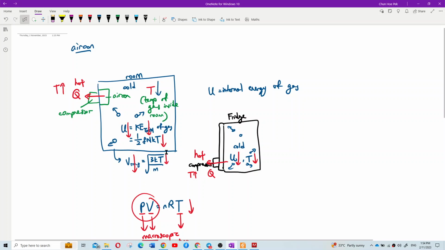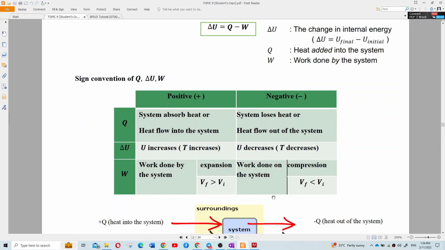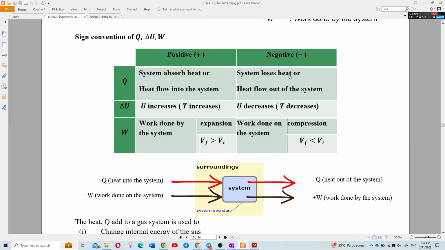You feel a colder temperature. We have formula one: internal energy equals half f NkT. That's why you learn physics, you learn how to calculate everything quantitatively. That's the wonder of physics. So you feel cold when heat is lost.